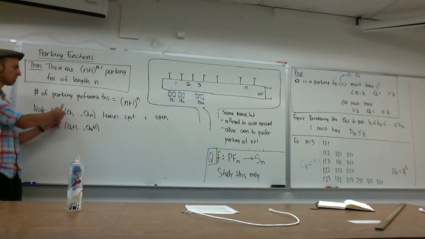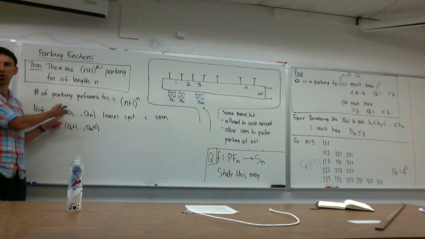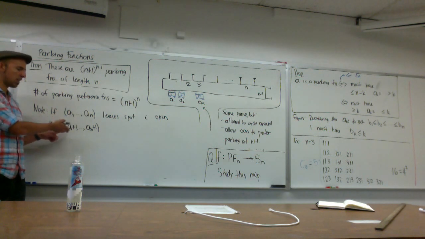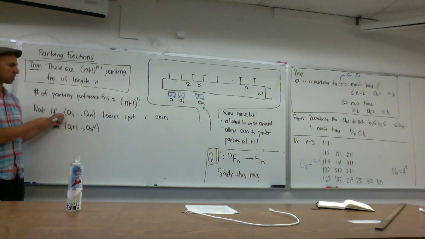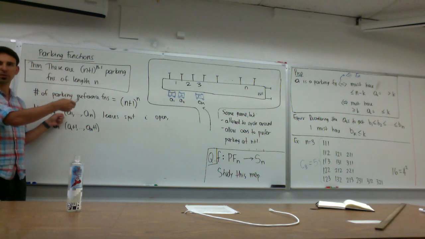So if in this preference function car i ended up in spot b_i, then now it's going to be 1 over at b_i plus 1, which means that if this preference function left the parking spot i open, then for the next one, it's going to be i plus 1 that's open.